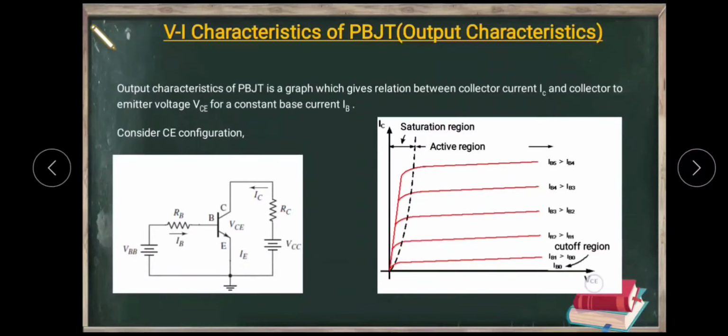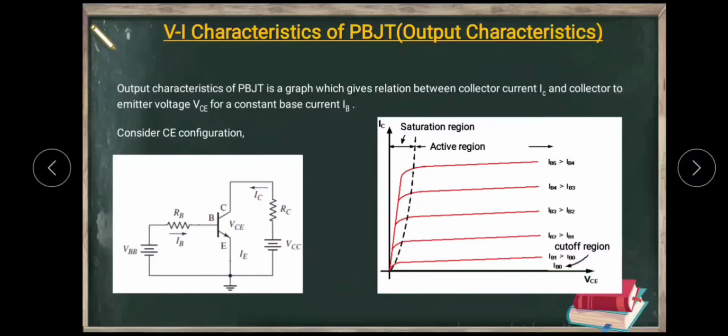Cutoff region is the off switch. Saturation region is the on switch. So these two regions are used for switching applications. In active region, collector current remains constant. Explanation of this characteristics is mentioned in next slide.